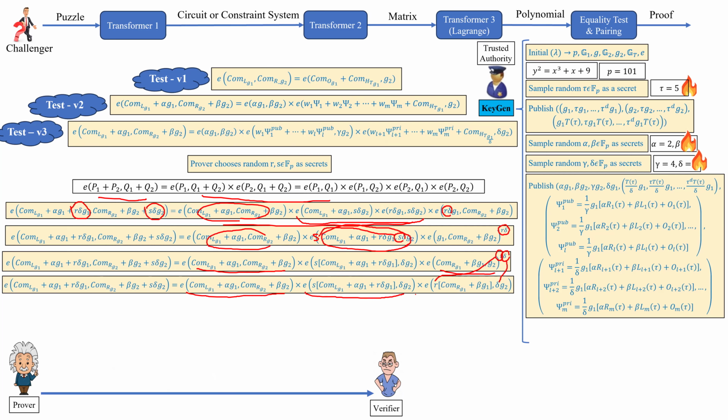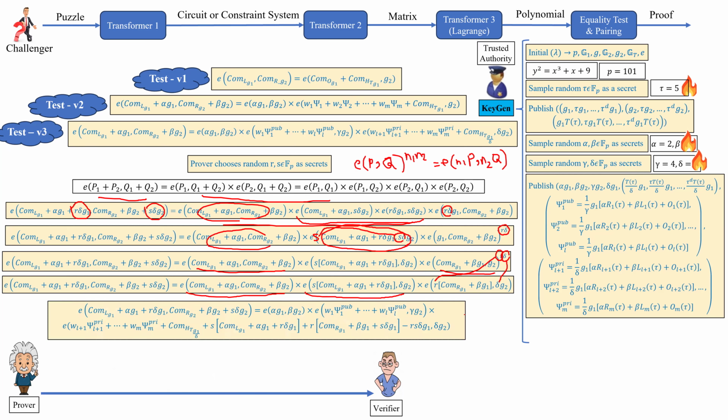Again, this is the property of pairing: pairing of P and Q to the power of N1 and N2 equals pairing of N1 P and N2 Q.